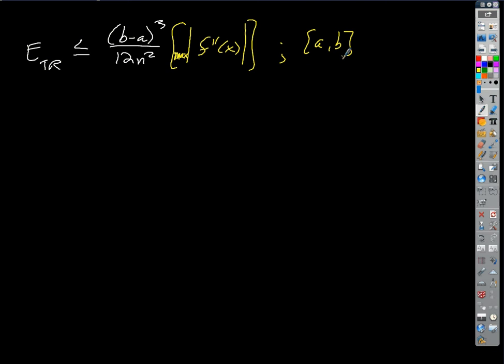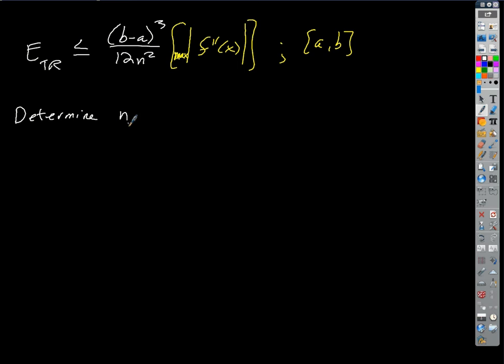Okay, so let's take an example. What if we had, for example, let's say we want to determine n, and what's n going to be? The number of trapezoids.